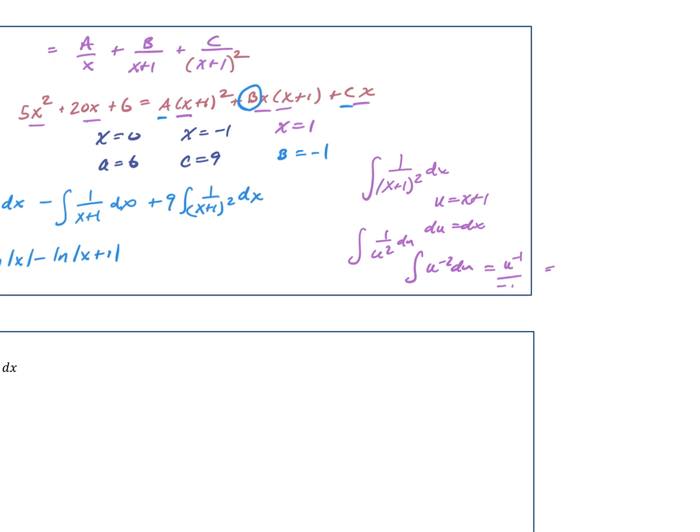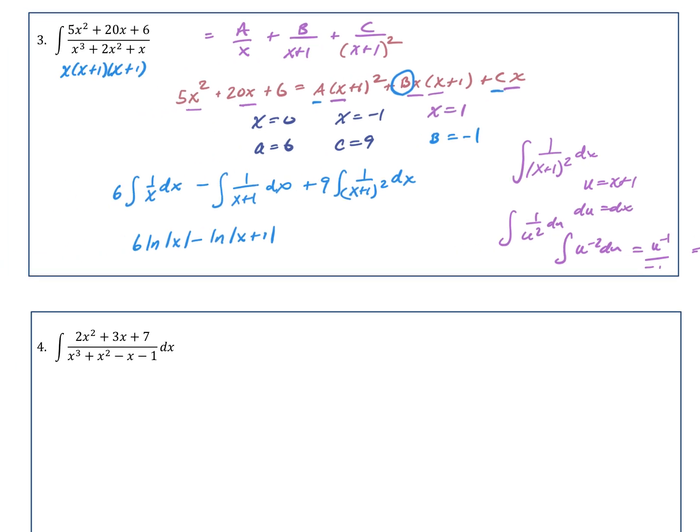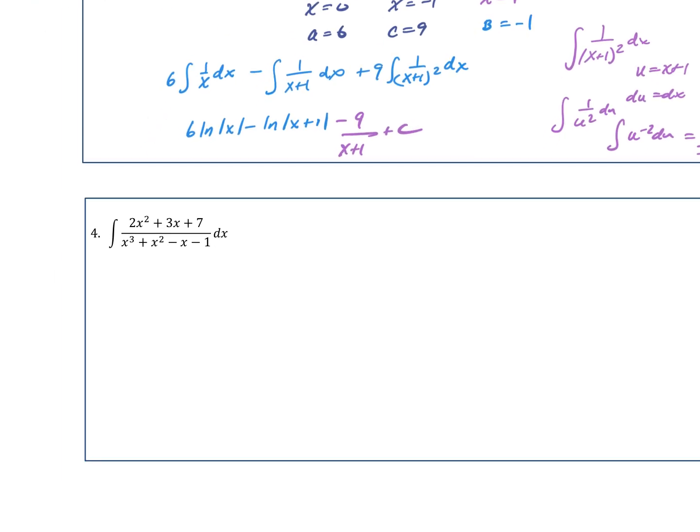So it becomes u to the -1. So with that being said, I'm just going to assume I just did that, right? So it's -9, and this will be over u, which is x plus 1. So x plus 1 plus c. So be careful with the repeated factor. Okay, that's not going to be an ln, it's going to be a u sub.